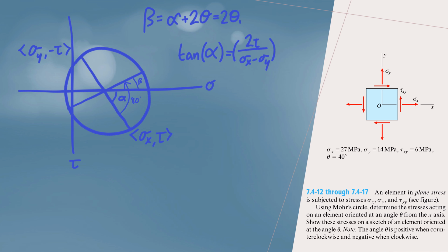However, if you wanted to just look at the circle, you know that tangent is a rise over a run. So you would lower by 2 tau, and then you run from y to x, and since that would have been negative 2 tau over sigma y minus sigma x, it's also the same thing as this.